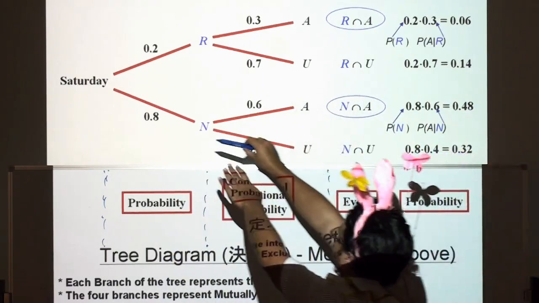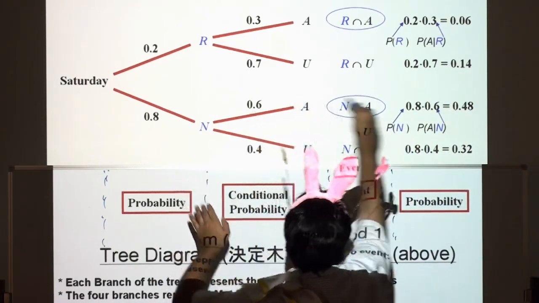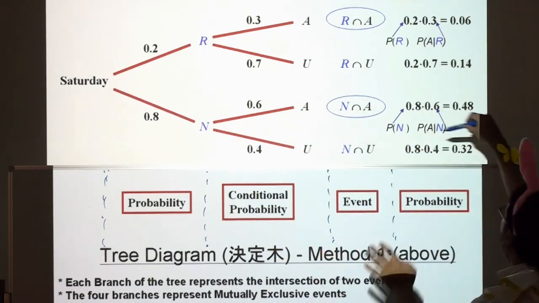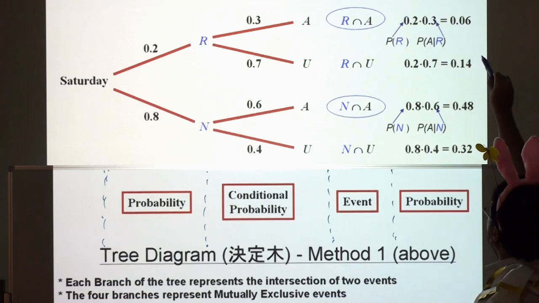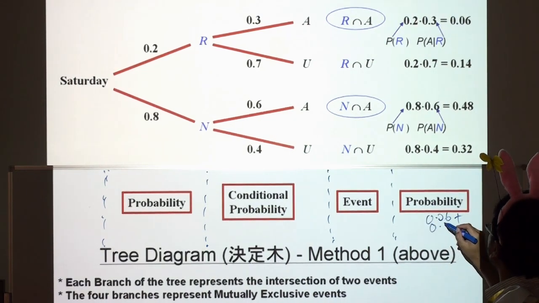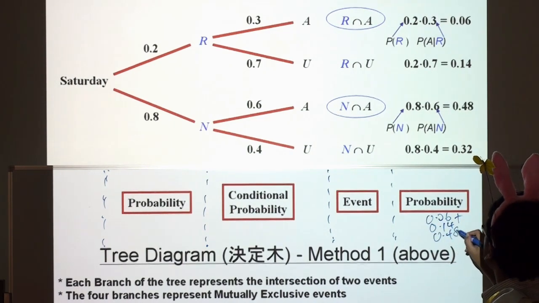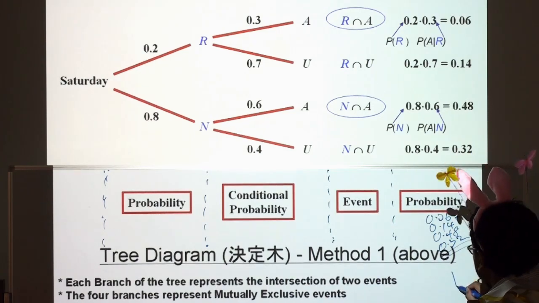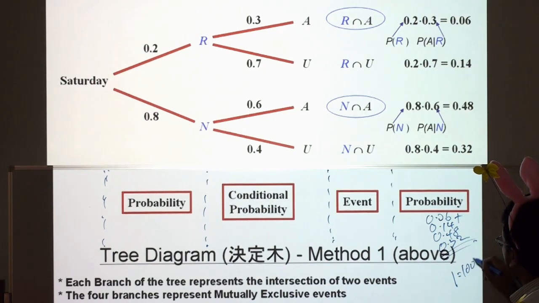So you do that for all of these branches, 0.8 times 0.6, and finally 0.8 times 0.4. So you'll notice 0.06 plus 0.14 plus 0.48 plus 0.32, all that equals 1, or 100%. Okay?